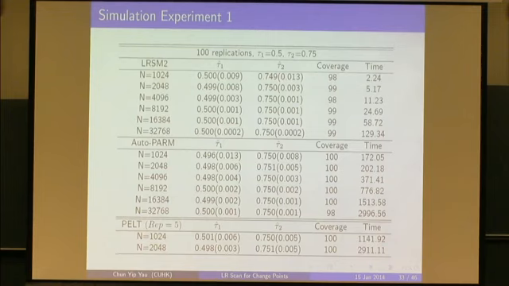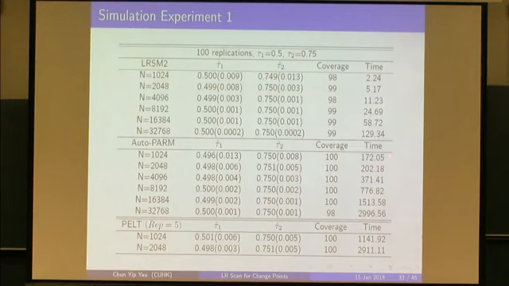So you see the estimation of tau are all very good for all three cases, but my standard deviation is even smaller than the AutoPARM, and coverage is similar, although we are a little bit worse in this case, but in the next slides we are better, and the time is much faster.